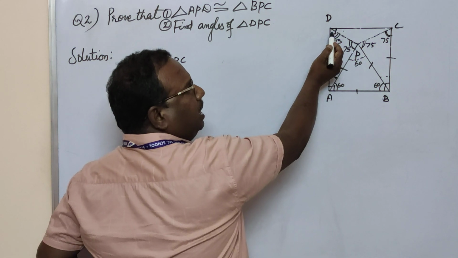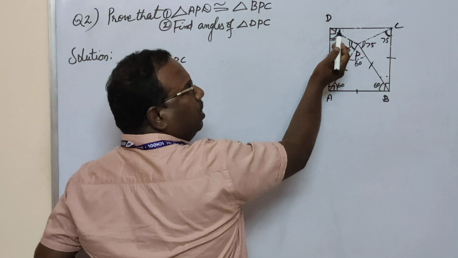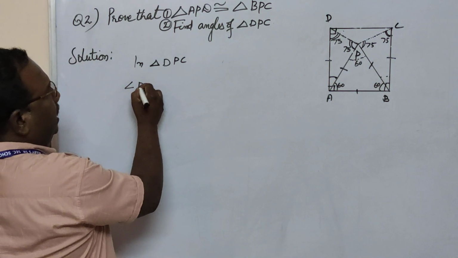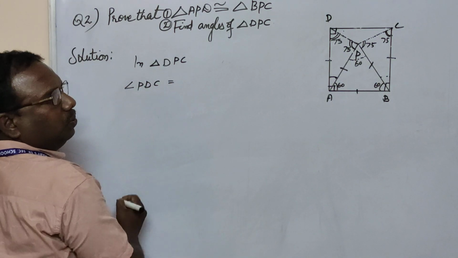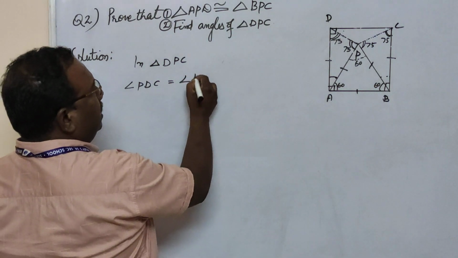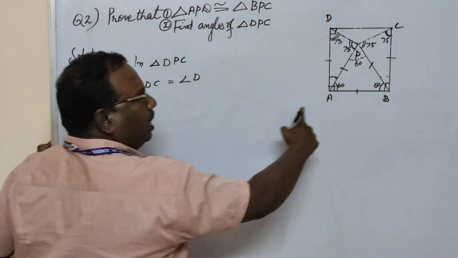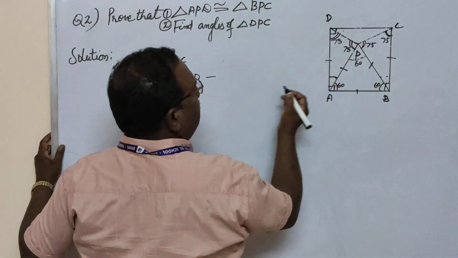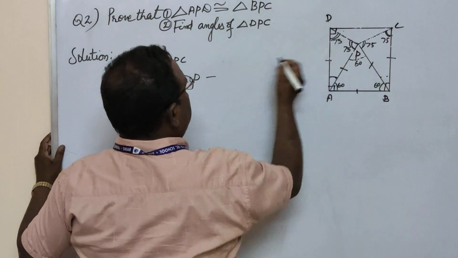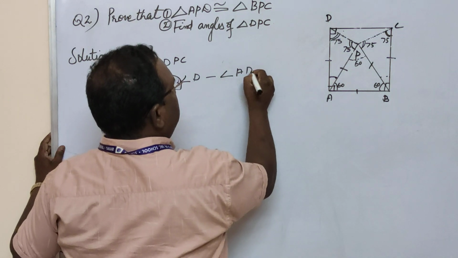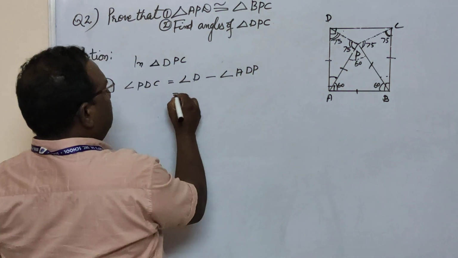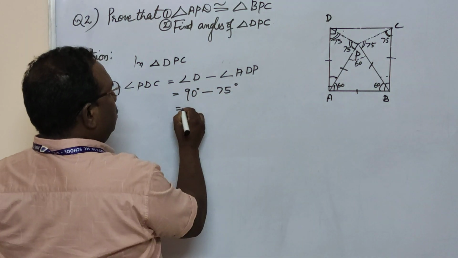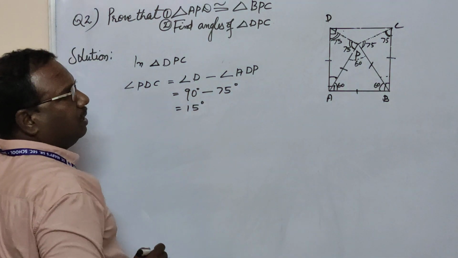So 90 degree minus 75 is equal to 15 degree. So angle PDC is equal to angle D of square ABCD minus angle ADP, that is 90 degree minus 75 degree is equal to 15 degree.